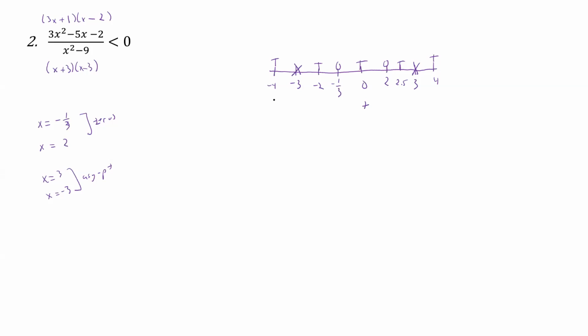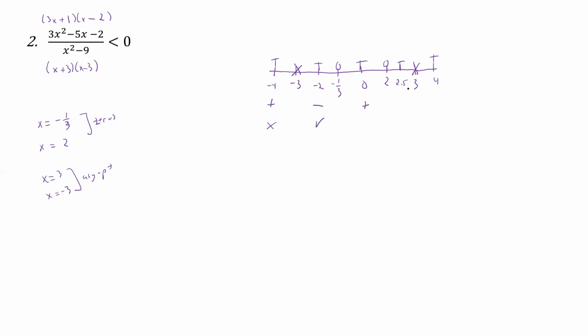So that's going to be positive. And so from here to here is positive. That's less than 0, so that one, we're not going to use that one. And if we plug in a negative 2, the negative 2 will give us the following: 3 times negative 2 squared, minus 5 times negative 2, minus 2. That's going to give us a negative. And so that is a negative in this area. So that's a yes.